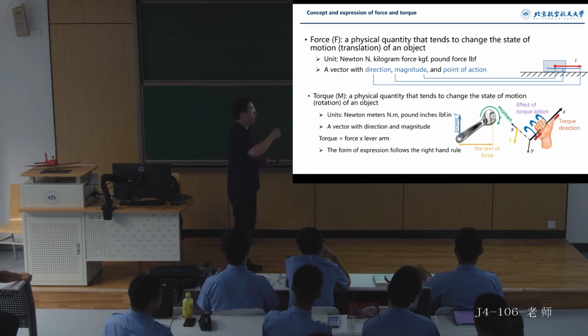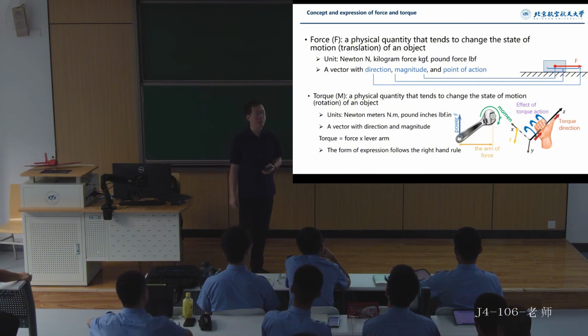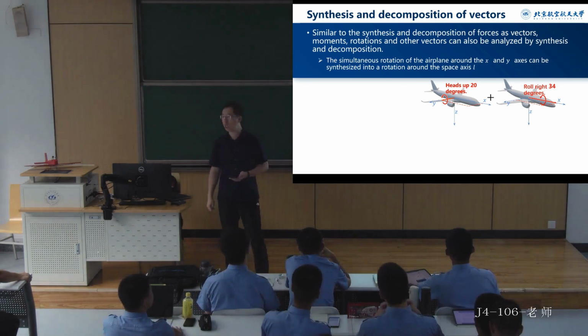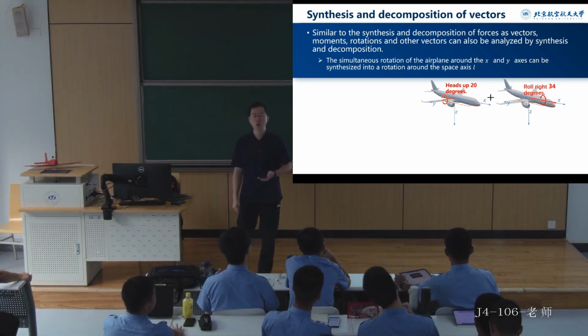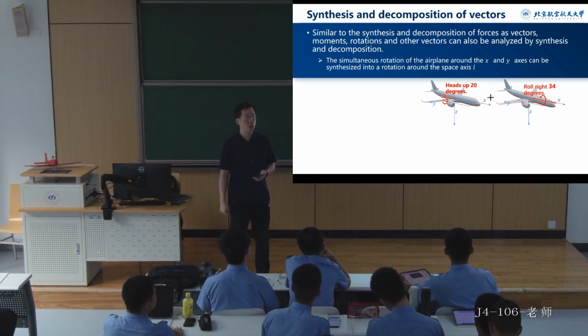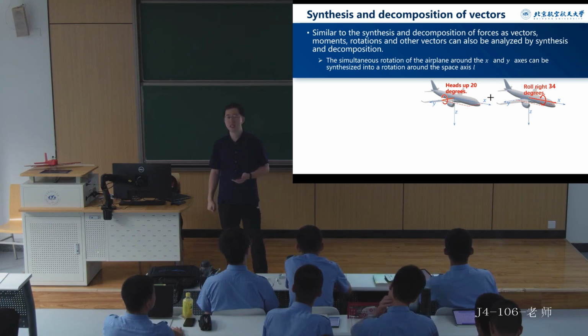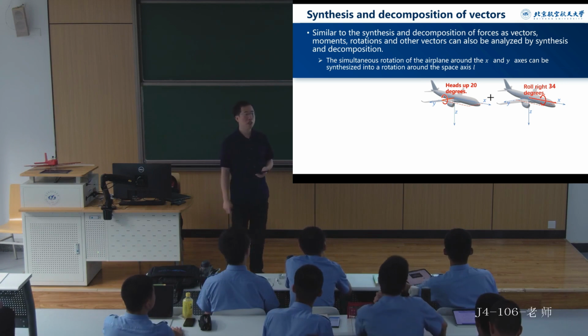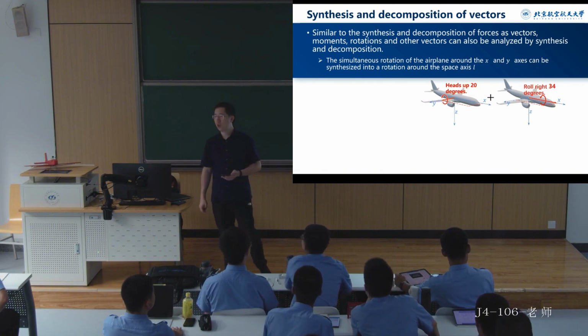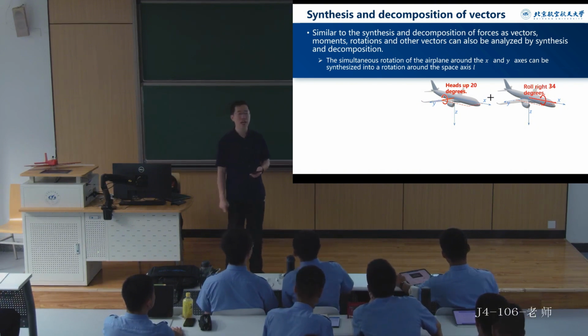Now, regarding vectors. There is a very important method of analysis for vectors, which is the decomposition and composition of vectors. So, what is the most common method used for vector decomposition and composition in our high school studies? It's the most used in high school physics. We perform force decomposition, right?